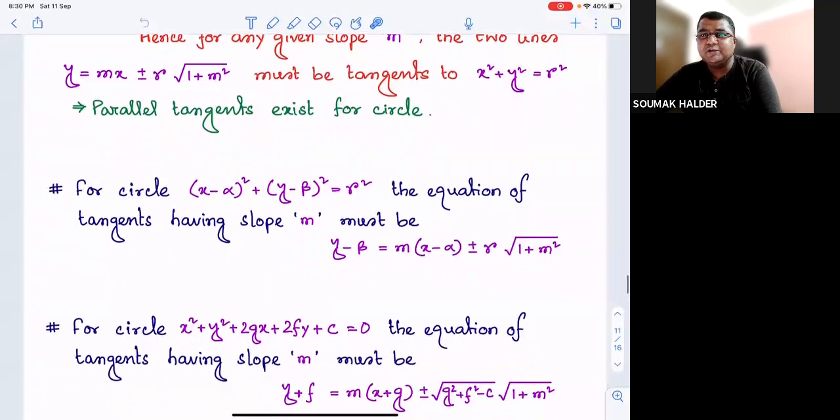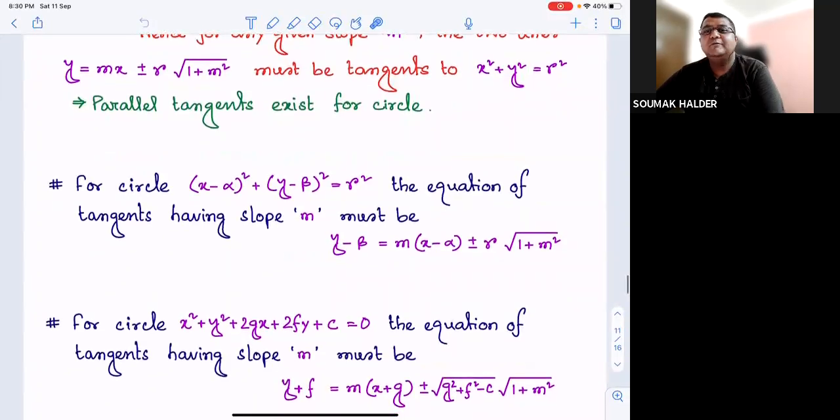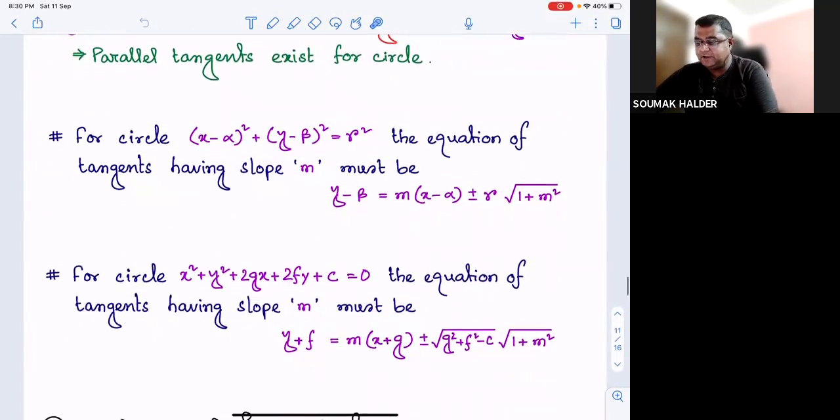So the new equation we can get by replacing y with y plus f and x with x plus g, and also replacing the radius measurement by root over g square plus f square minus c. So is that okay? Without any hectic calculation, we can derive that because we have done the algebraic calculation part for the simplest form of circle, and for the other formats, the lone possibility we are considering is parallel shift.